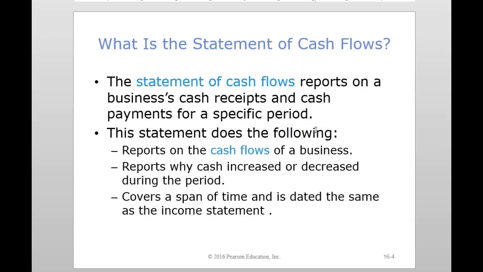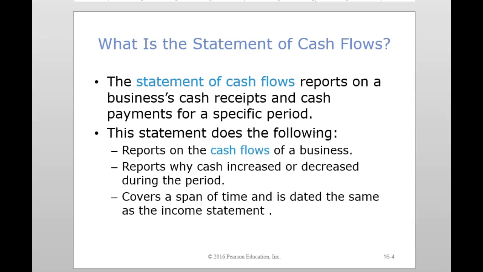Now, why this is my favorite report is because it is a lot more direct, and you can see exactly where the cash comes from. When you look at net income, that includes all kinds of non-cash items, depreciation, accounts receivable. Accounts receivable, well, it shows sales, right?